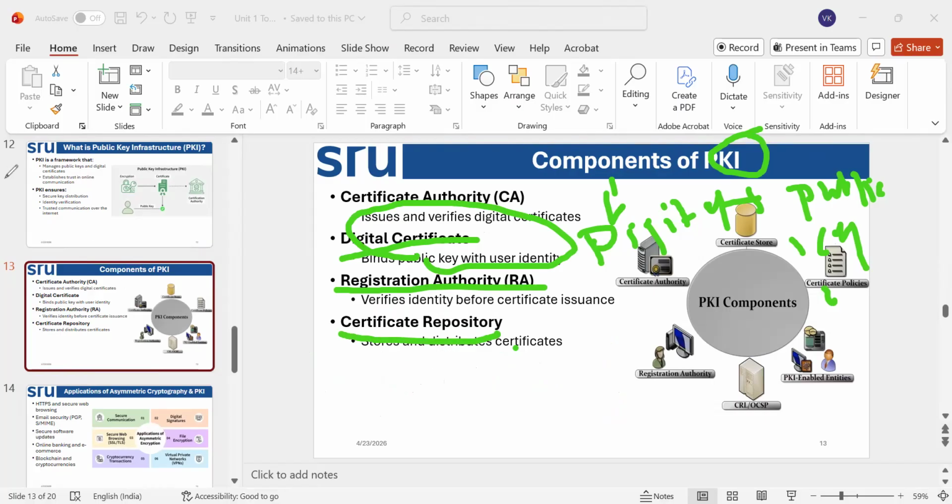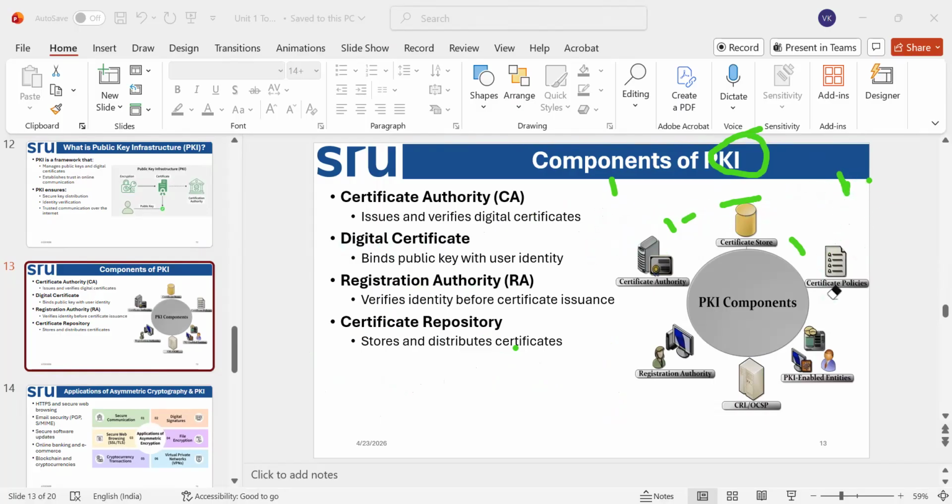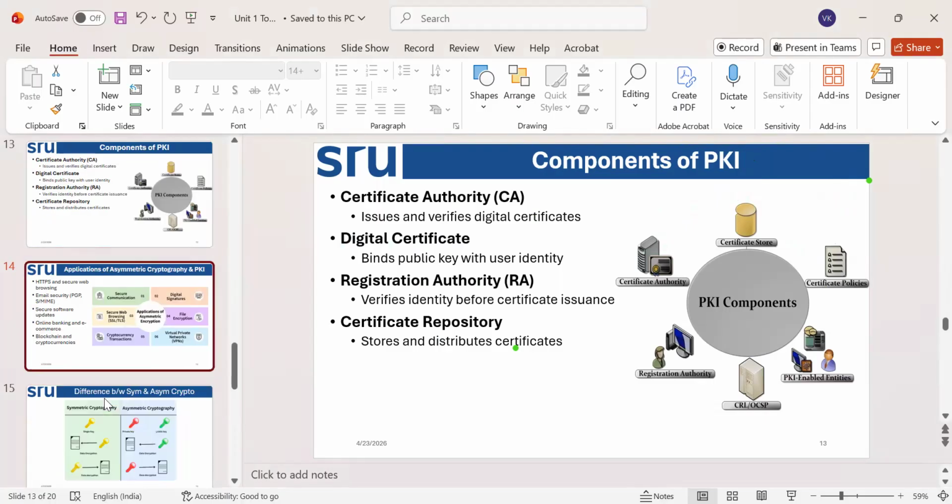So this is how public key infrastructure works. Okay, the PKI components are certificate, digital registration, and certificate repository. Let's come to the next one.